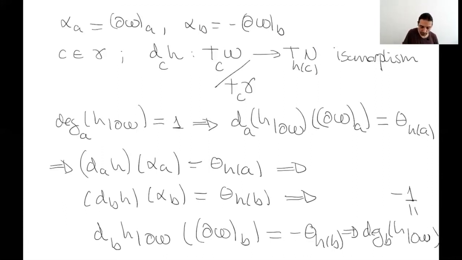Of course, what happens if this degree is -1? We're going to have an analogous property. If this degree is -1, here we have a minus, and here we have a plus, and this degree is +1. So these degrees are opposite. As a consequence, if we are considering the preimage of y, as I said, it's going to have some components.